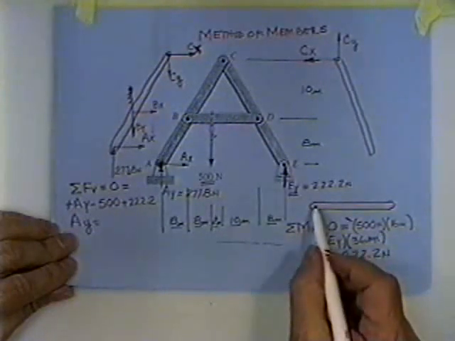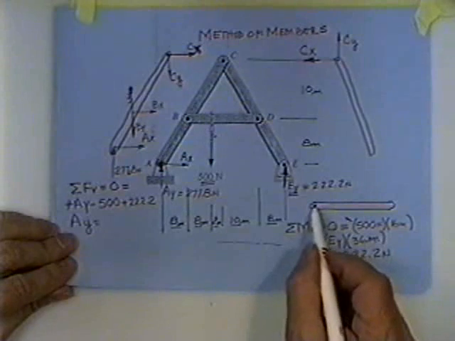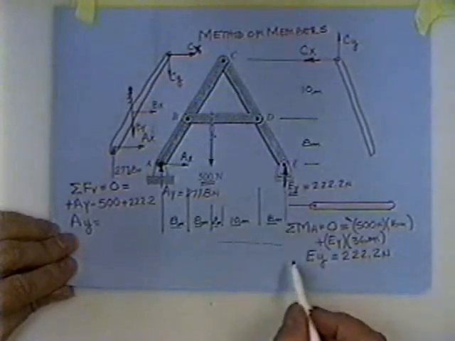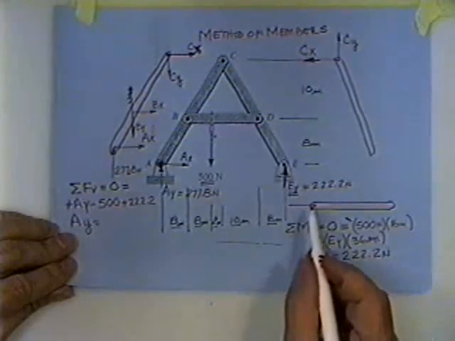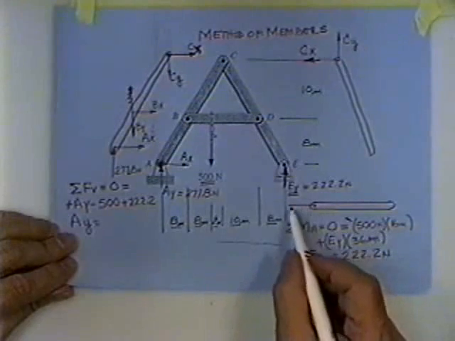All right, now I'm going to look at this horizontal member. I say that I'm going to show the horizontal force on that member which way? I'm going to show the horizontal member on that force which way? To the left. It absolutely has to be to the left.